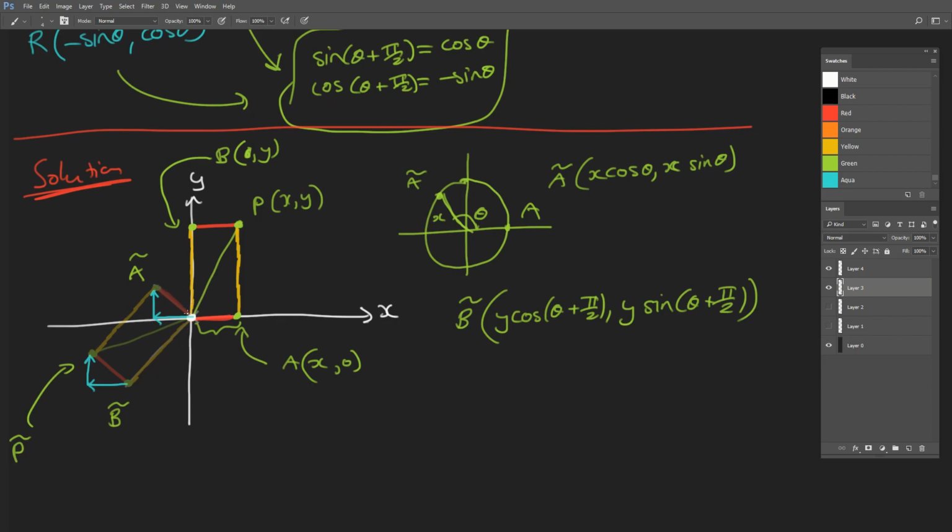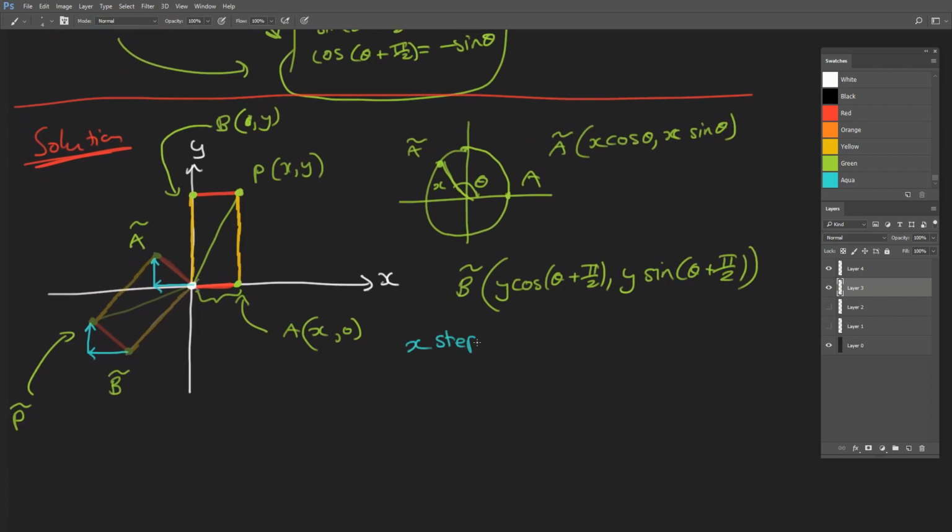And this is true because the opposite sides of a rectangle are going to be parallel to each other and equal to each other in length. So really, this is just the same triangle that's shifted, which means these are going to be the same. So that one's going to be our x step, and that one's going to be our y step.